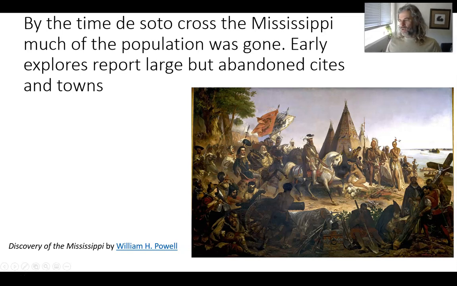He and his crew were probably starving, and he died shortly after. There were records from that exploration that did make it out. There were a significant number of people there, but there was already upheaval because much of the population had been gone. Early reports suggest that there were large but abandoned cities in this part of North America.